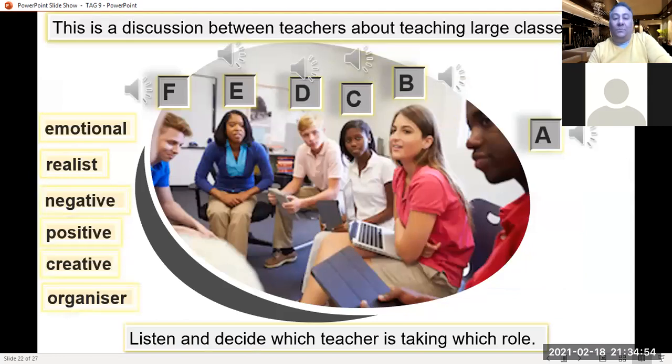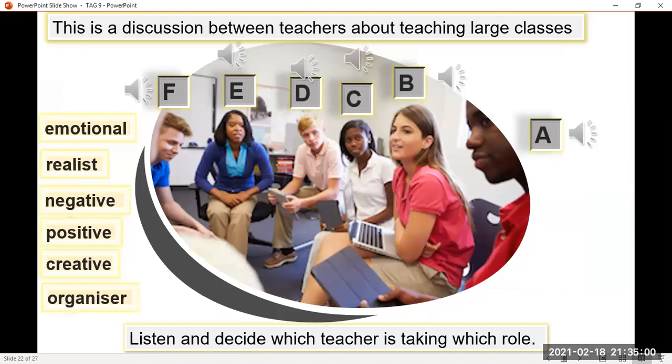This is a discussion between teachers about teaching large classes. The issue here, Ms. Zainab, is large classes. You will listen to each one of these teachers talking about large classes. One of them is emotional, you know that from his or her speech. Another one is realist.